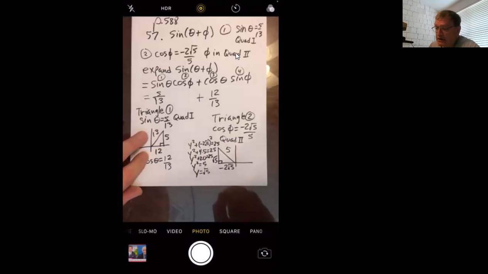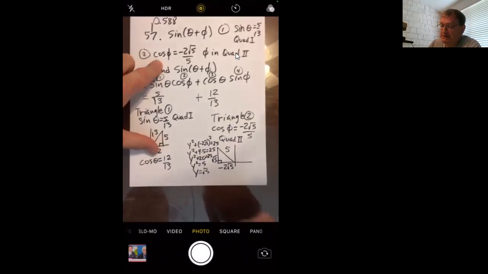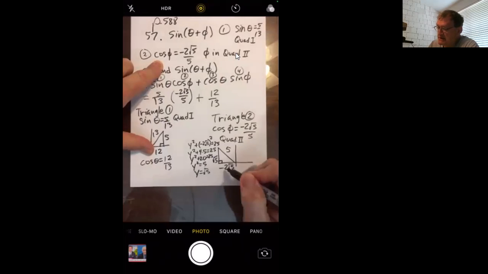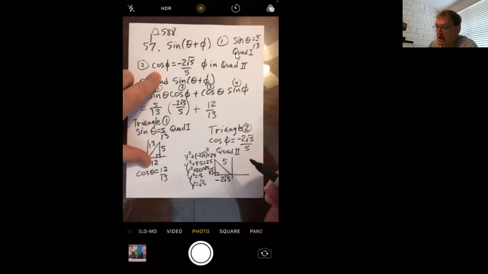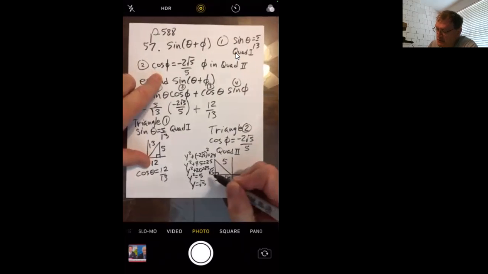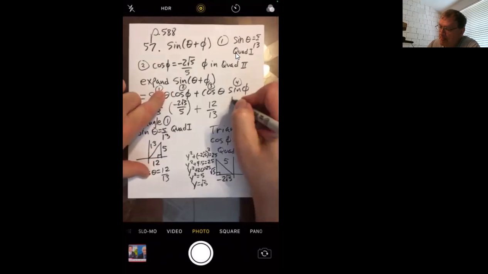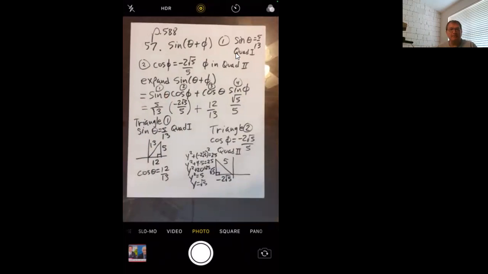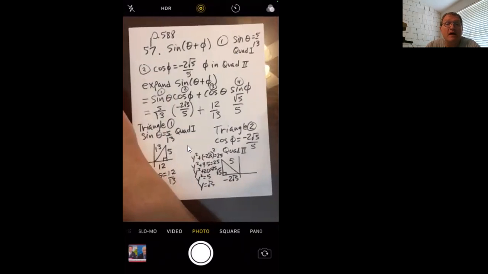So your cosine phi was given. That's piece 2. This is directly -2√5/5. You can see it from here. And then your sine phi is √5/5. So that's as compact as I can do it. Plugging in all 4 pieces.